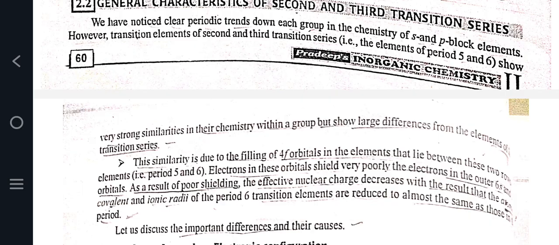This similarity is due to the filling of 4f orbitals in elements that lie between these two periods, period 5 and 6. Electrons in these orbitals shield very poorly the electrons in the outermost 6s orbital. As a result of poor shielding, the effect of nuclear charge increases, with the result that the covalent and ionic radii of period 6 elements are reduced to almost the same as those of period 5.